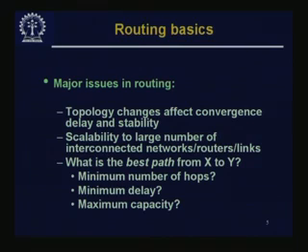Some routes may be very unreliable, so the packet has a larger probability of getting dropped there, and so on. We would like to have the minimum number of hops, or the minimum delay, or the maximum capacity. So many things are possible. If possible, we would also like to incorporate the quality of the path when deciding on a route for a particular packet from x to y.